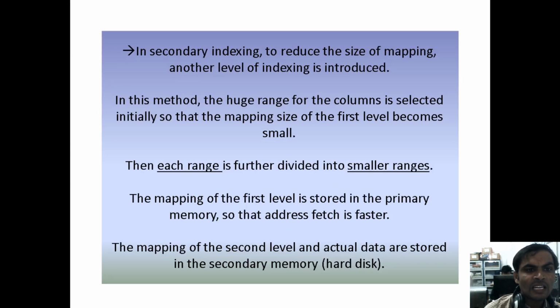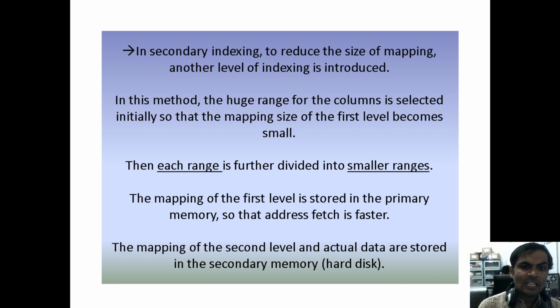Now under the secondary index, to reduce the size of the mapping, another level of indexing is introduced. In this method, a range for the columns is selected initially so that the mapping size of the first level becomes small.